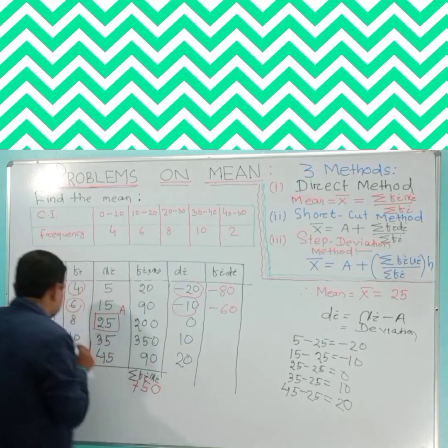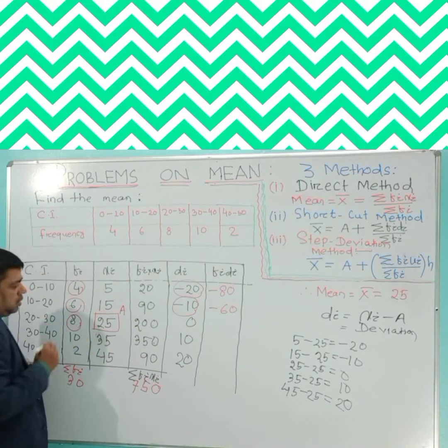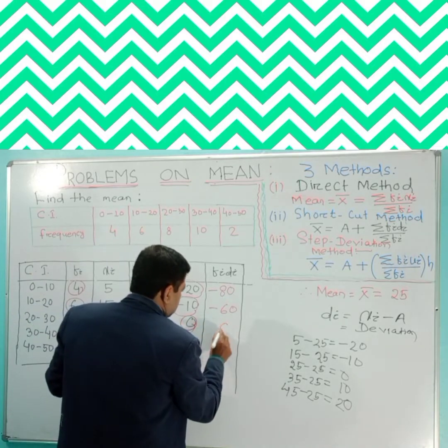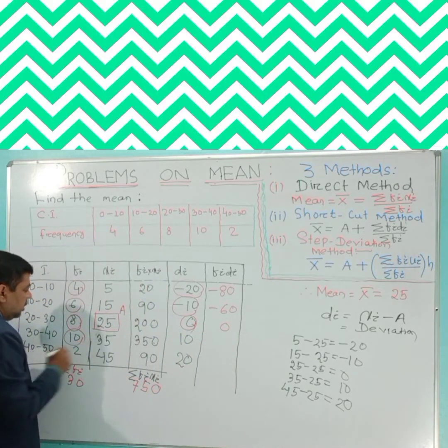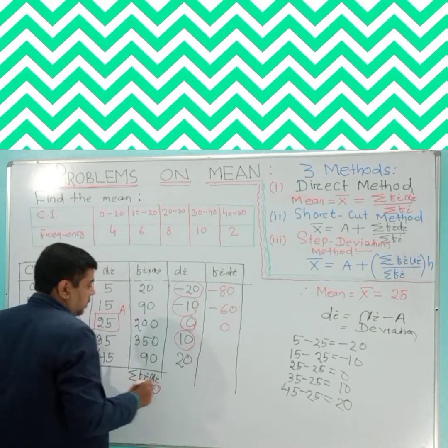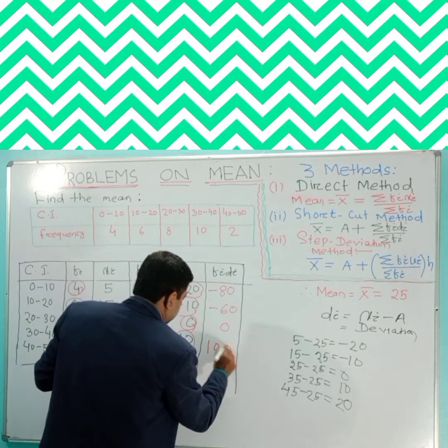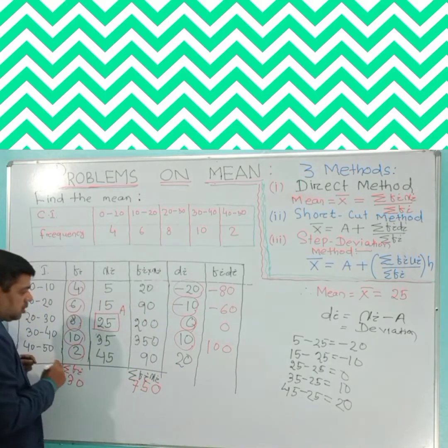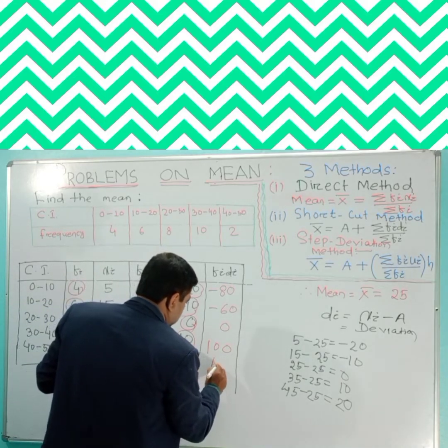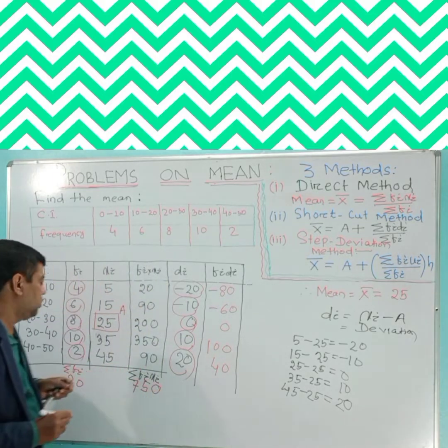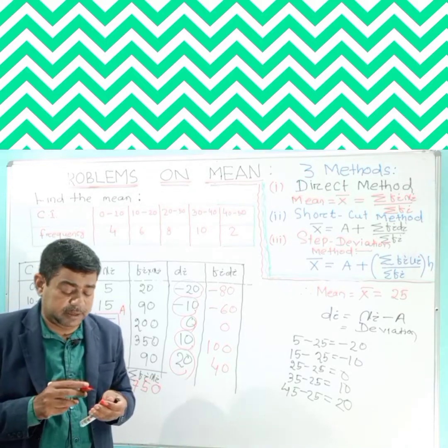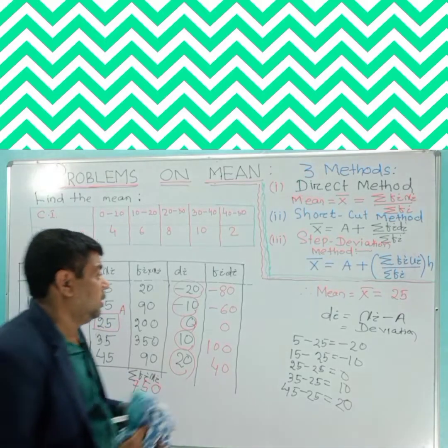Here the frequency is 28 and di is 0, so the value is 0. Here the frequency is 10 and di is 10, so 10 multiplied by 10 is 100. And here the frequency is 2, di is 20, so 20 multiplied by 2 is 40. This is how you find fi di by multiplying the frequency and the deviation. Is it clear?